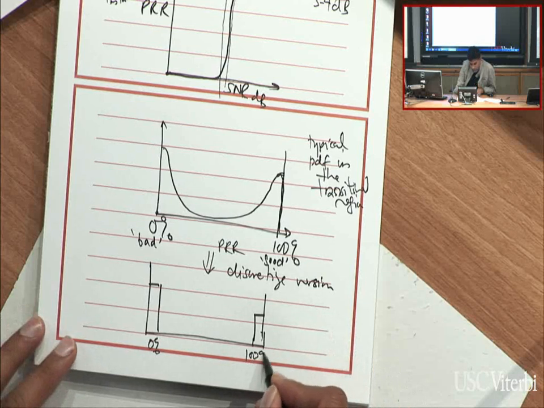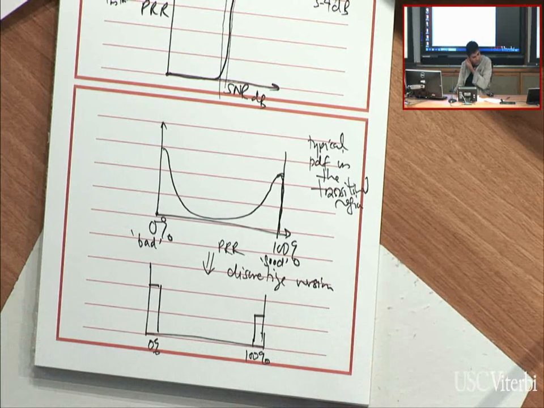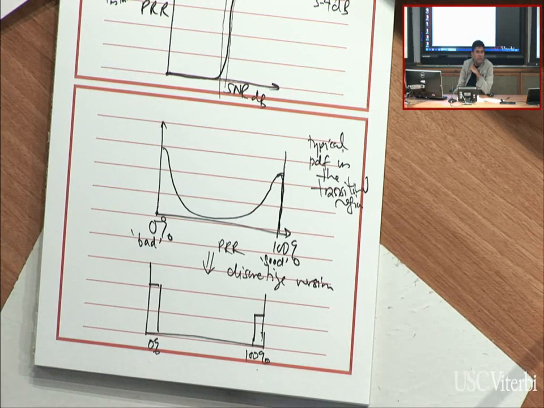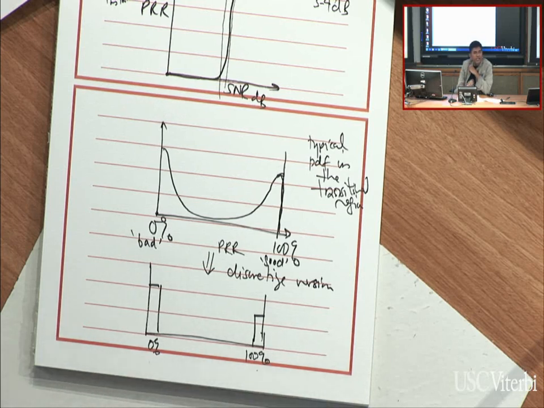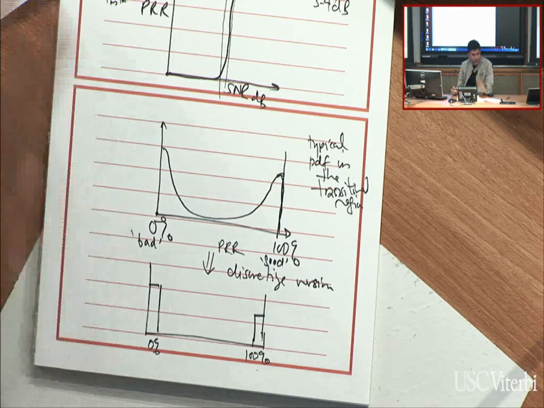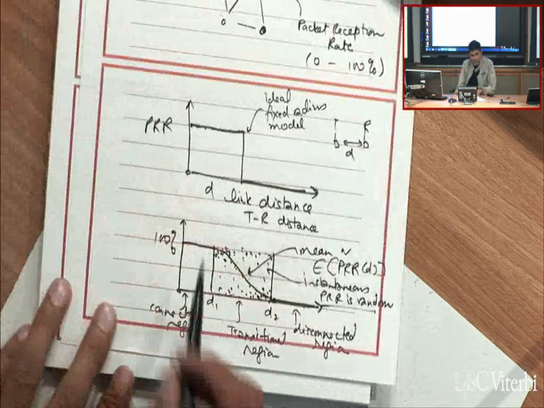Okay. So if you're in the connected region, the probability of being in the good state is close to 1. You're always there. In the disconnected region, it's close to 0. In between, the probability of this Bernoulli, two-state random variable, for now let's talk about it as a random variable, is decaying from 1 to 0. So that's a different way to interpret this curve.